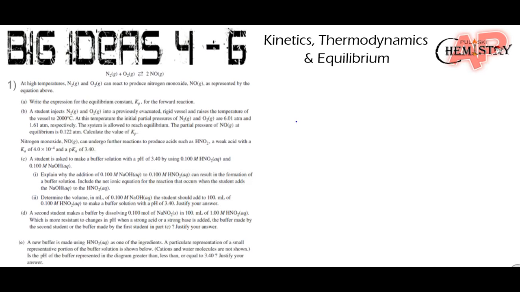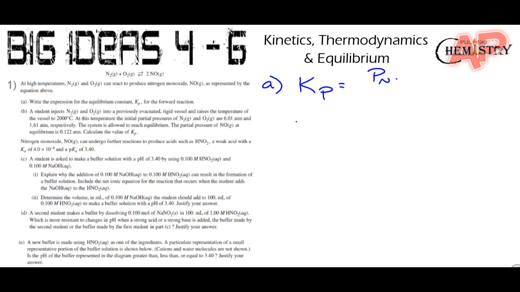So we have to recall that all equilibrium expressions are products over reactants, and we can only have either gases or aqueous solutions. If they're aqueous solutions, usually it's a concentration, but this one is asking about Kp, so usually it's about a gas. So we'll write Kp, and then its pressures.